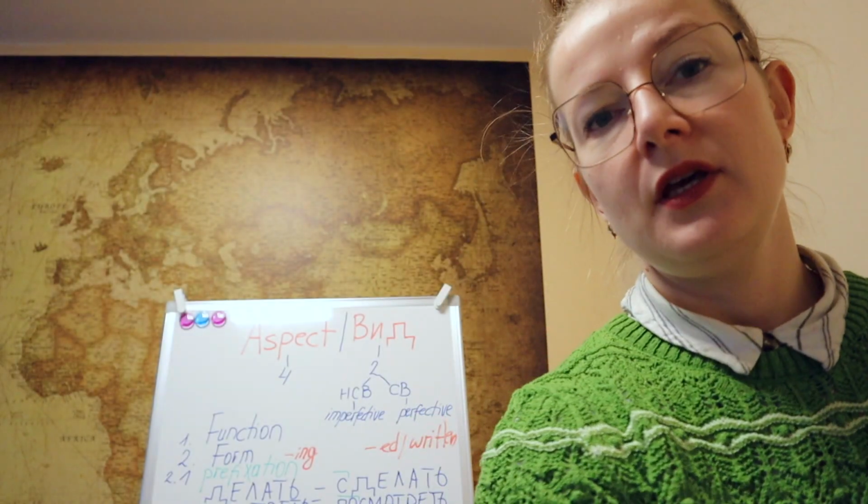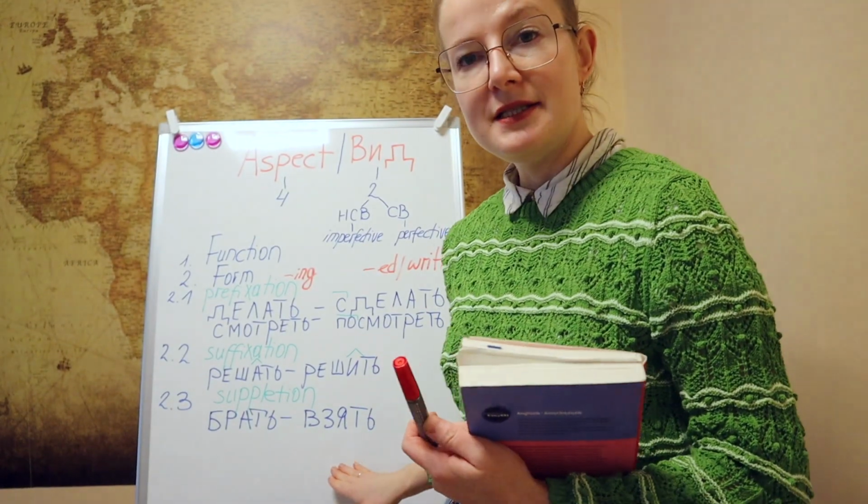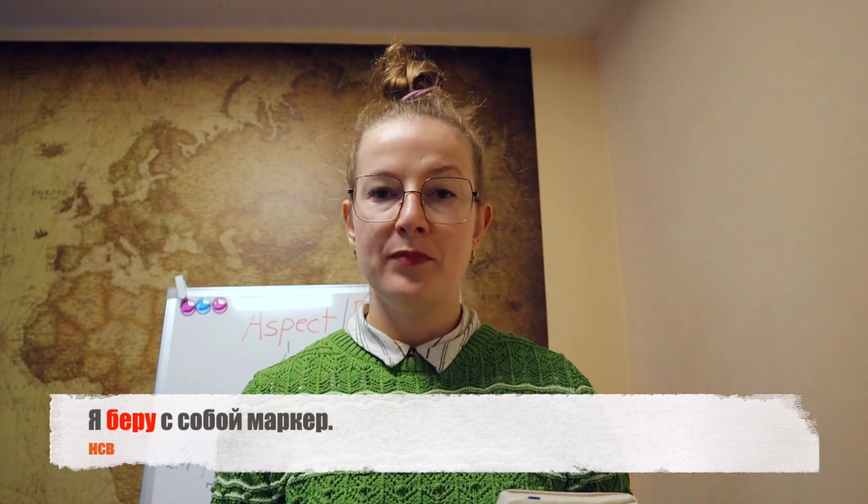This is the case with брать, взять. Let me give you an example. I am leaving for work and then I'm checking my bag and then I'm thinking out loud. I'm saying Я беру с собой маркер. I'm taking a marker. And then before I leave, my husband checks up on me and says, Ты взяла маркер?